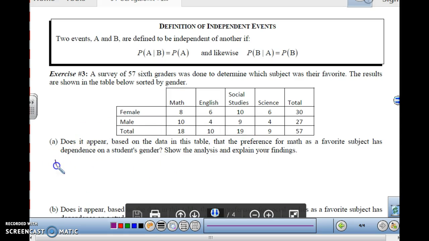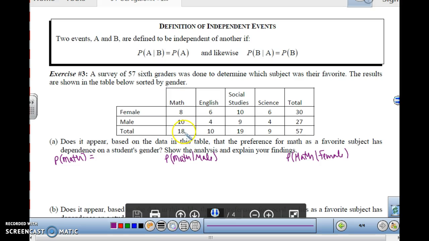Okay, so we want to compare the probability of liking math to the probability of liking math given that you're male, and the probability of liking math given that you're female. All right, so let's take a look at the individual probabilities. First of all, what is the probability that you like math? From this survey, how many people like math?